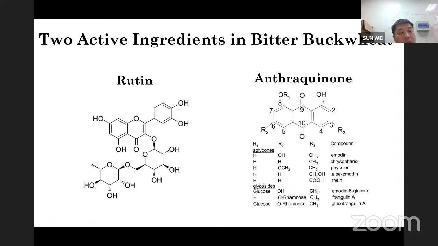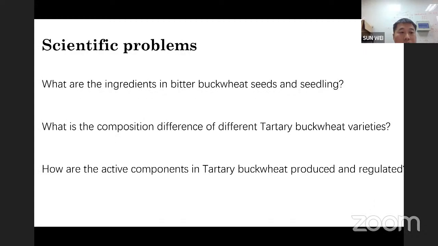Another compound is called isoquinine, another compound called imidine is isoquinine. So in my lab, I focus on the quantification and the biosynthesis of these compounds produced in Tartary buckwheat.